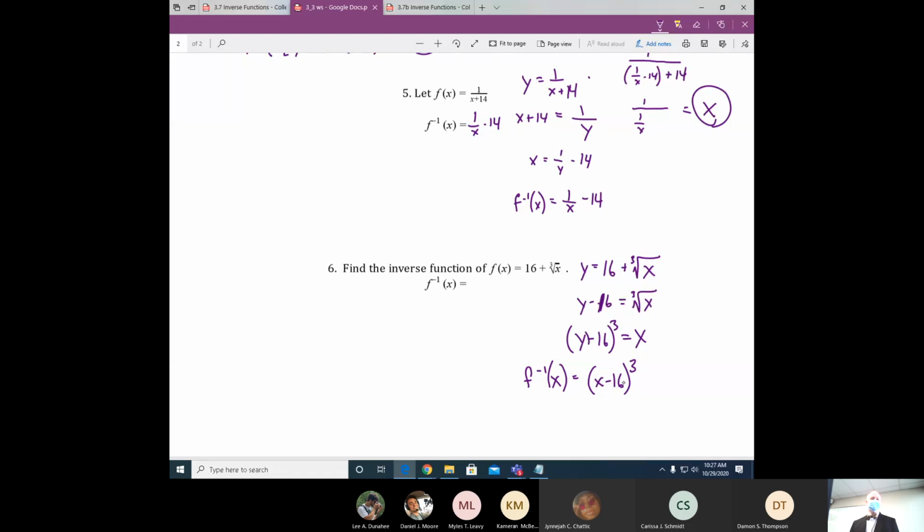So put x in there, x minus 16 cubed. I now have f inverse. And I think I'll stop there, give you a little extra time.